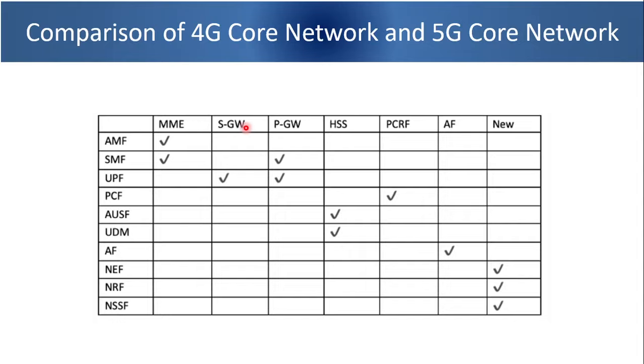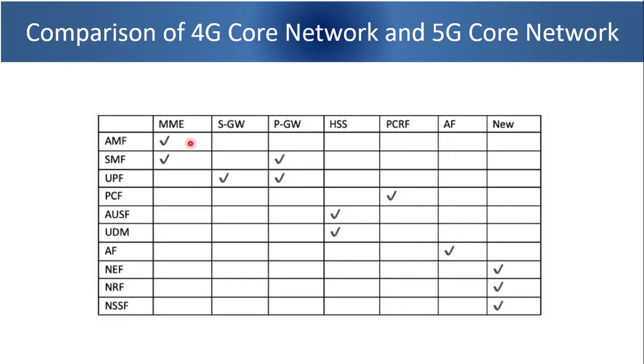This is serving gateway; all the data traffic flows from eNodeB to serving gateway, serving gateway to PDN gateway, and from PDN gateway it goes to the packet data network. So PDN gateway, HSS equivalent to HLR, PCRF as I said, and application function, and there are certain new network elements in 5G which are mentioned here.